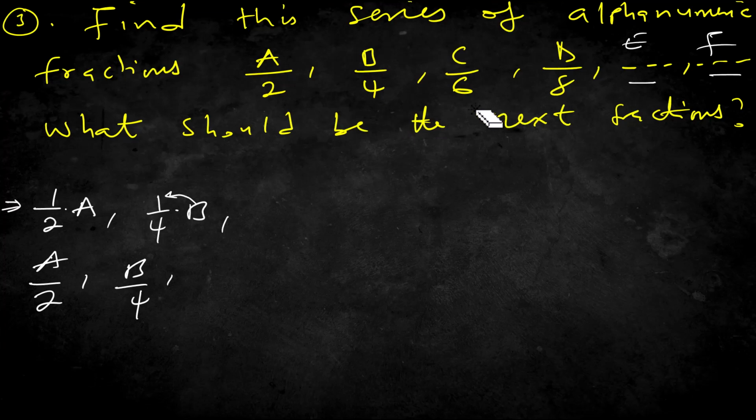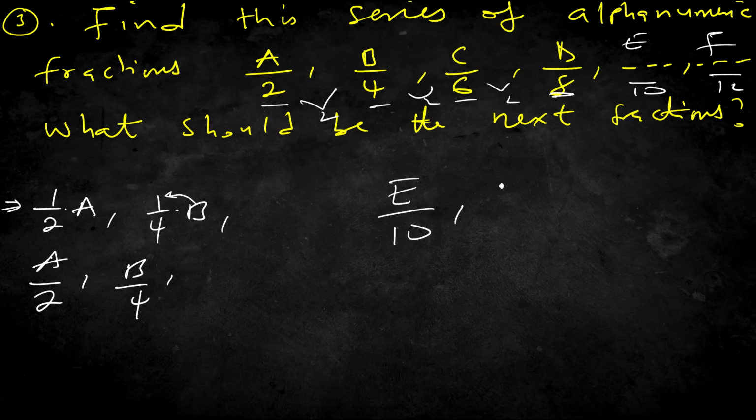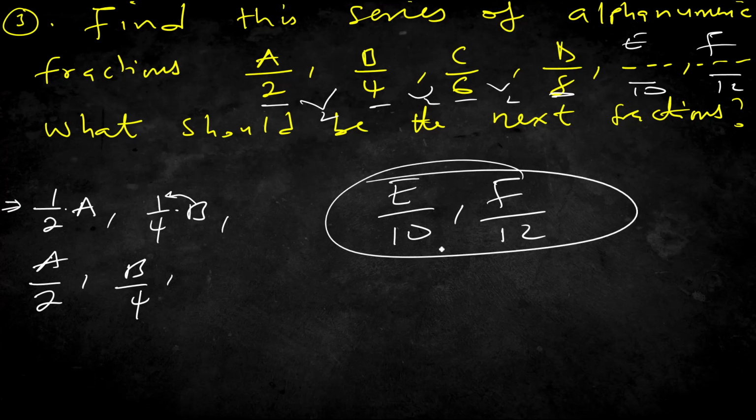We have 2, 4, 6, 8, so the difference is 2, 2, 2. So we have 10, 12, and simply we have E on 10, then F on 12. It's very simple. All right, so that is it.